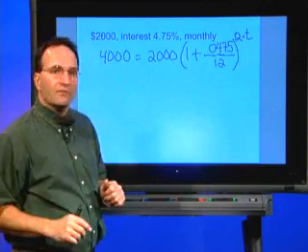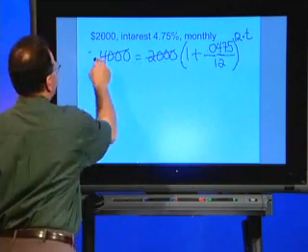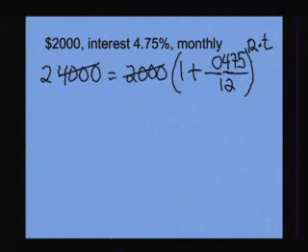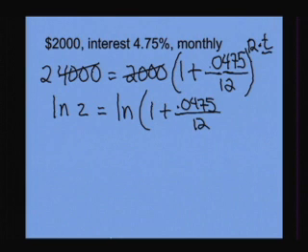Okay, so now let's solve this. First of all, we can divide both sides by 2,000, which gives me a 2 here. Now, we're trying to solve for t, which is up in the exponent, and therefore we want to take the log of both sides, because if we take the natural log of 2, and then we take the natural log of 1 plus 0.0475 over 12 raised to the 12t, we can now bring the 12t down in front.